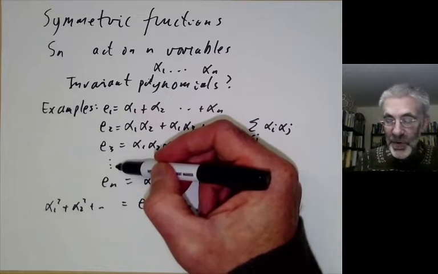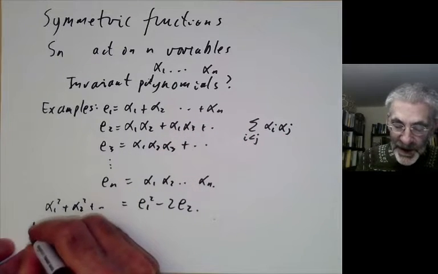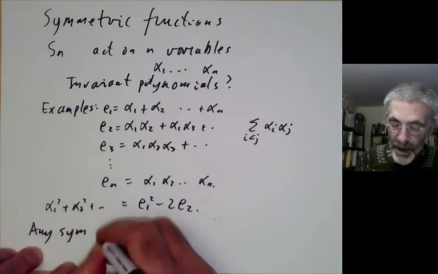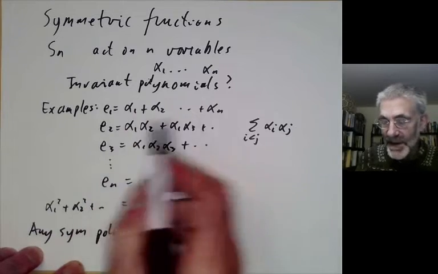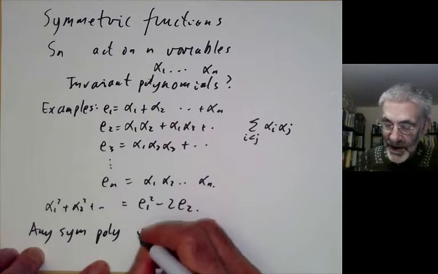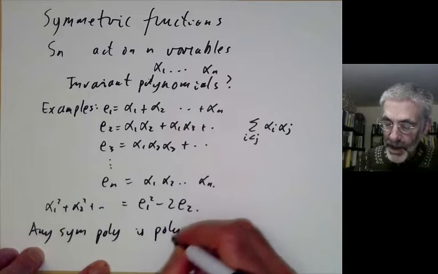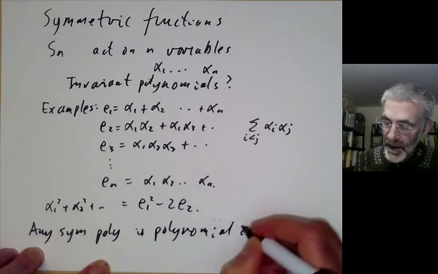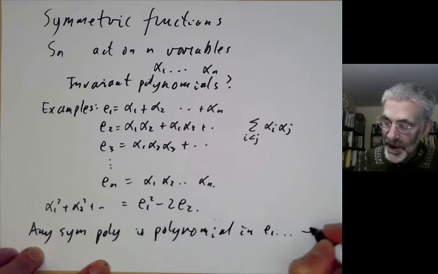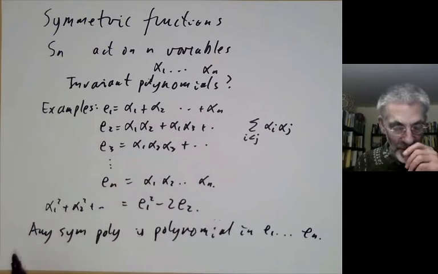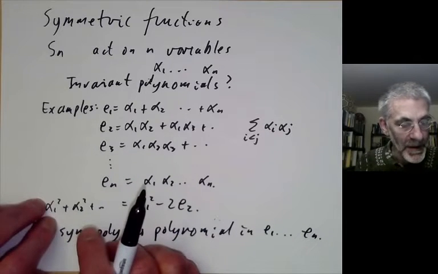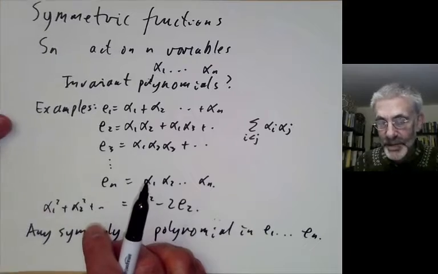And this is what we want to prove in general, that any symmetric polynomial in the alpha i's, meaning one that's invariant under Sn, is a polynomial in E1 up to En. So we've sort of found all the symmetric functions, at least the polynomial ones.